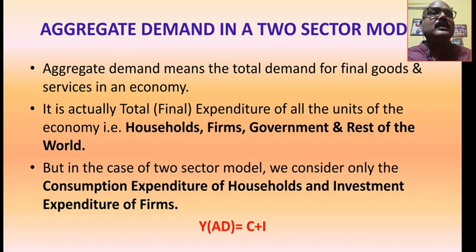Now, Keynes has also taken investment as constant, because that is autonomous investment which remains the same at all levels of income. At each level of income, the amount of investment remains the same. So in the Keynesian model, aggregate demand is the sum of 2 components: C, consumption demand, and I, investment demand. So the Keynesian model is called a 2-sector model.